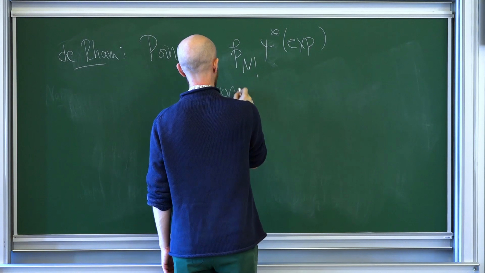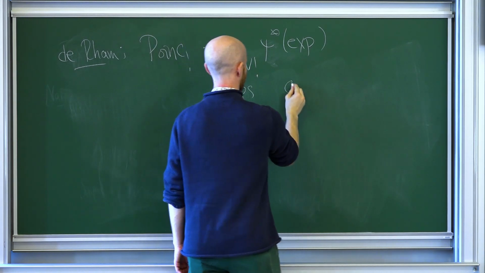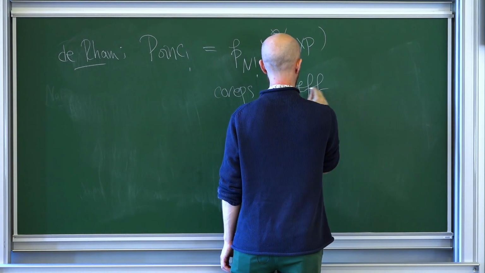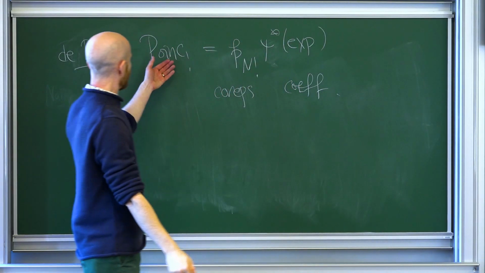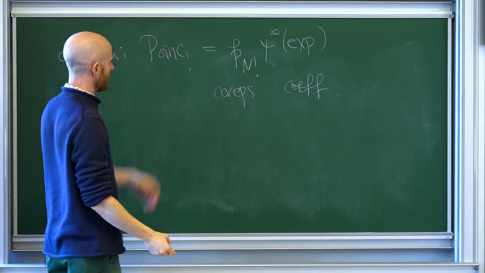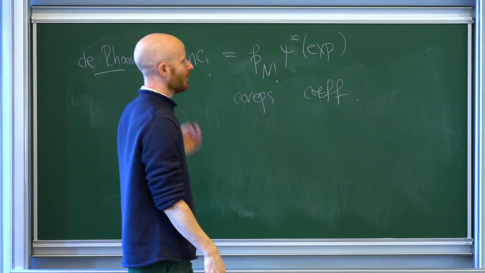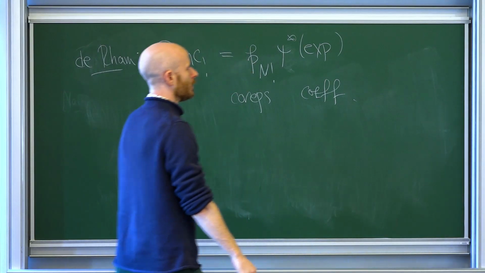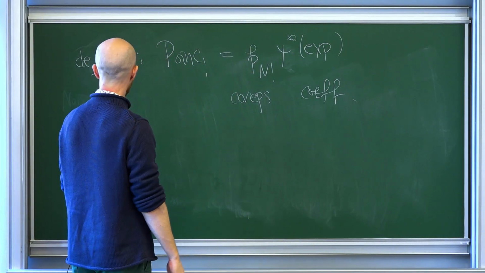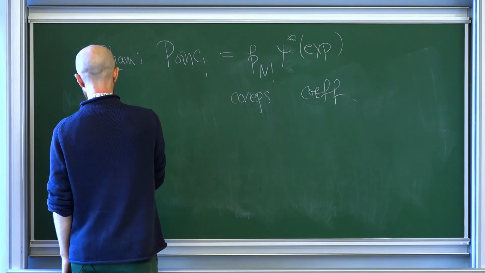And so this co-represents this coefficient functor. So Hom out of this Poincaré sheaf is the coefficient operator. So sometimes this gets called the Whittaker sheaf also. I don't know, there's a choice of normalization in the terminology.